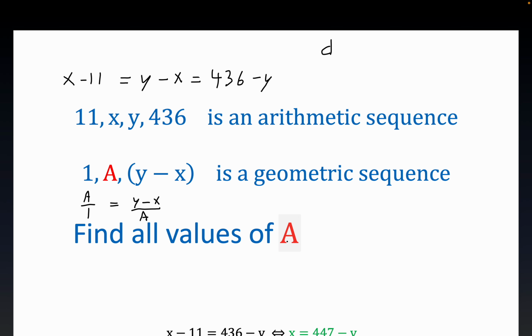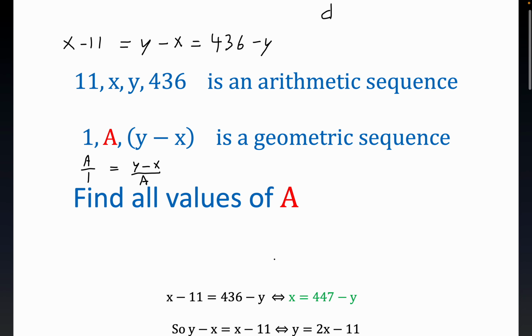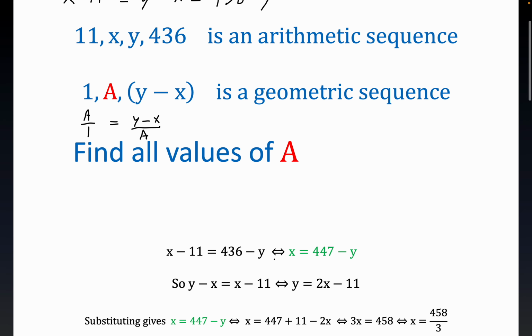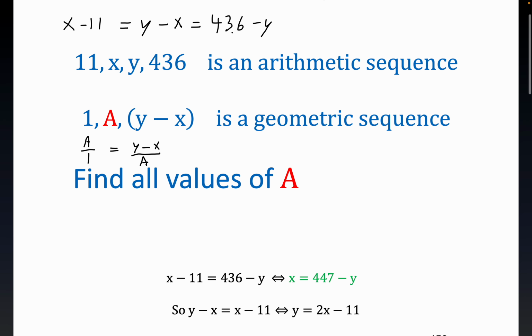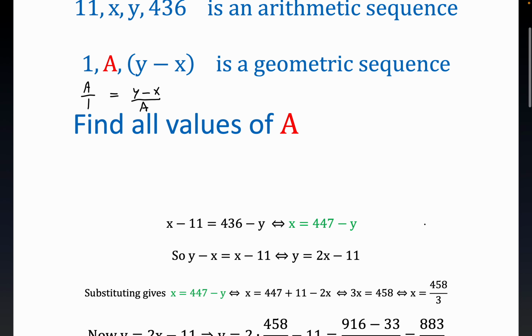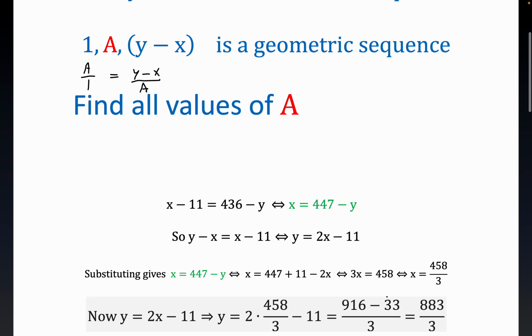So we're supposed to find all values of a. When I first composed the problem, I thought there was just one. Now I won't go through too much of the arithmetic right here, but I did use these three statements. Maybe my way is not the most efficient, but anyway, we can establish that x is equal to 458 over 3. Again, I won't go through all the details there.